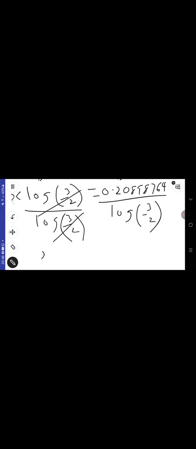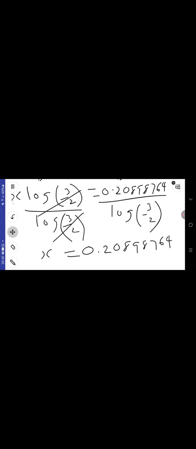So you're going to have x is equal to 0.20898764. I'm writing all the values because of the demonstration.